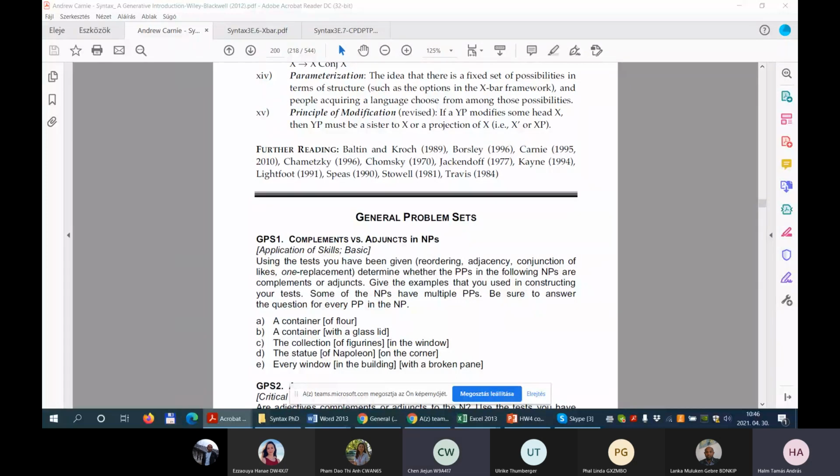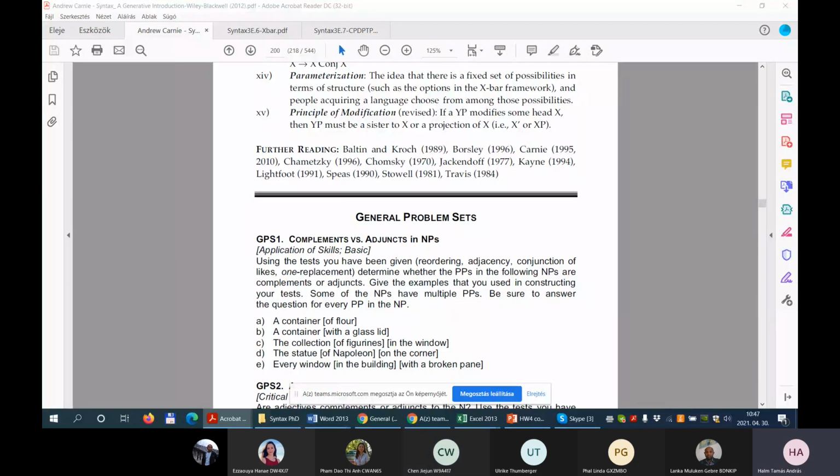I think the word order we see here, every window in the building with a broken pane, is more natural. But the other word order is also okay, a bit more difficult to understand maybe, but grammatically speaking, it works: every window with a broken pane in the building. So it seems that these two can be reordered, which means that they are adjuncts, I think.